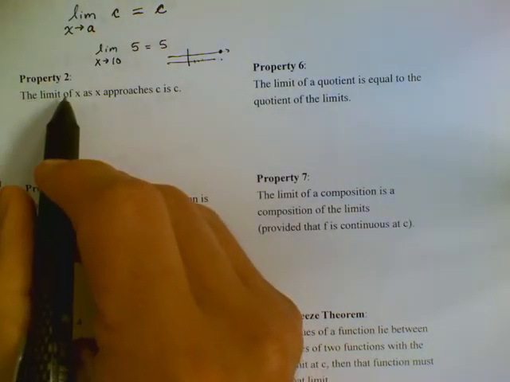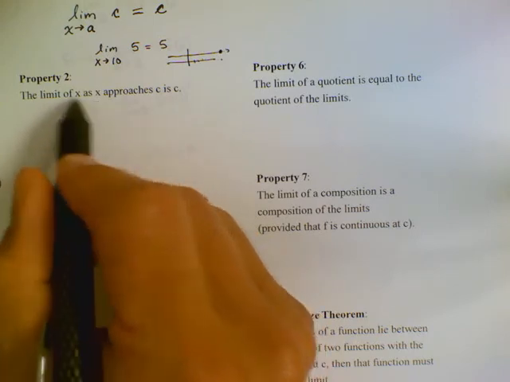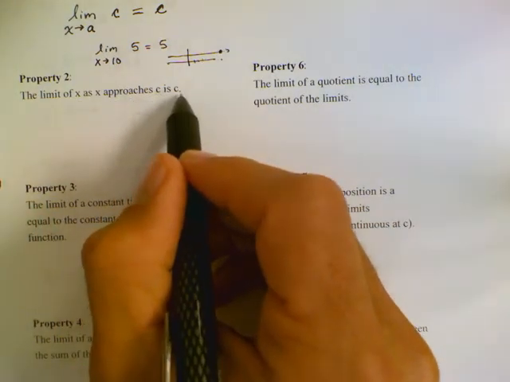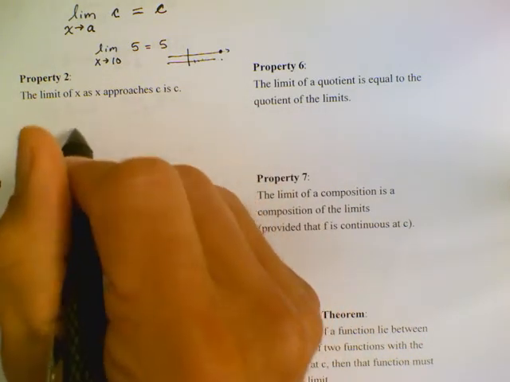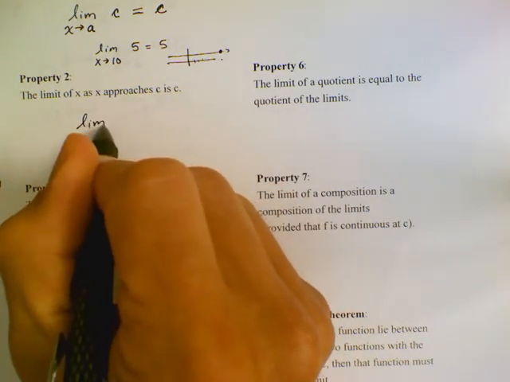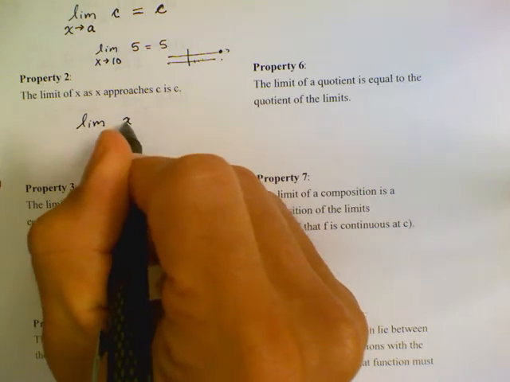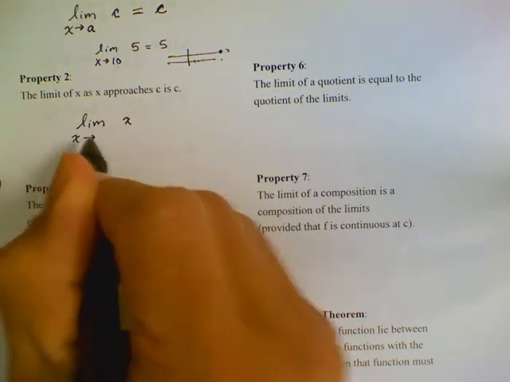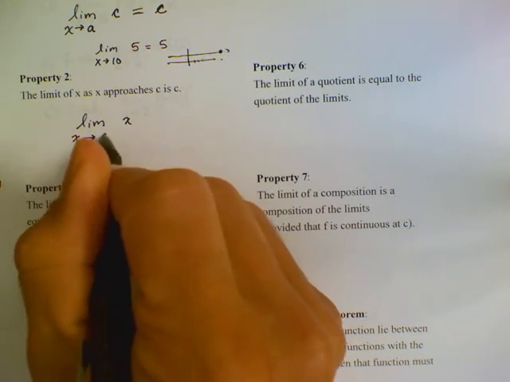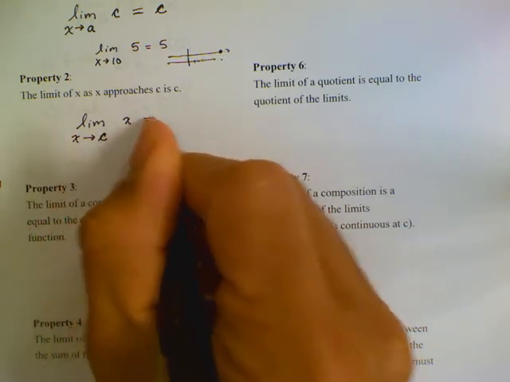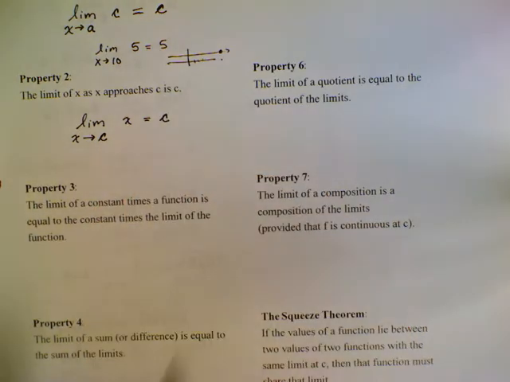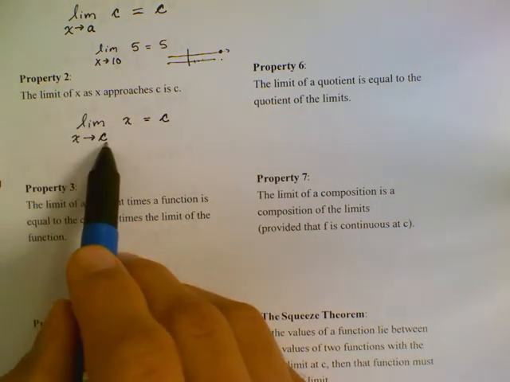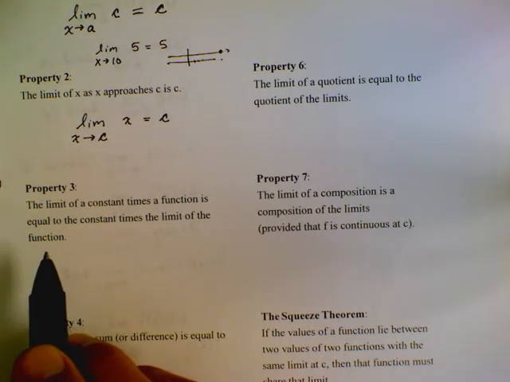So property 2, the limit of x as x approaches c is c. Whoa, okay. The limit of x as x approaches c is c. Well, let's consider that.